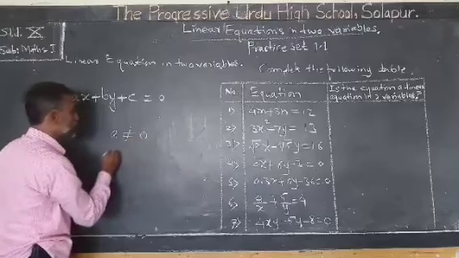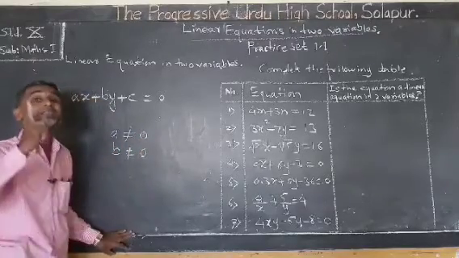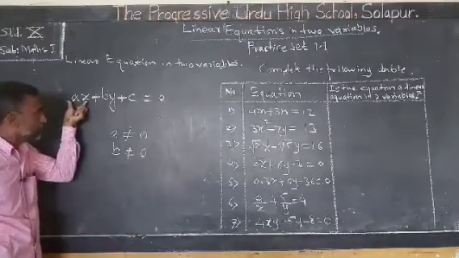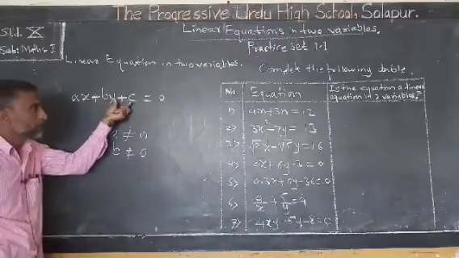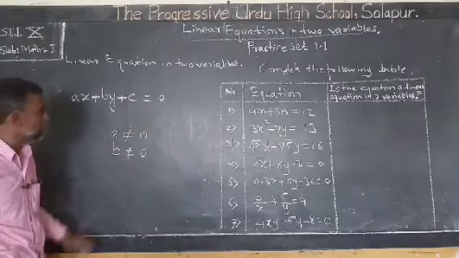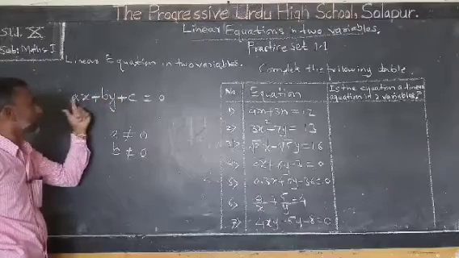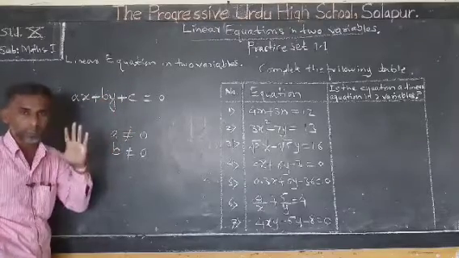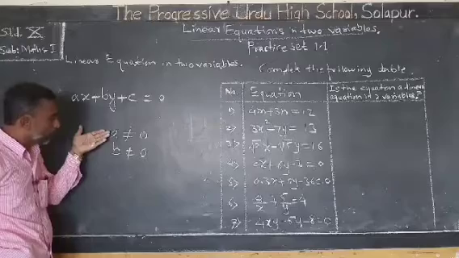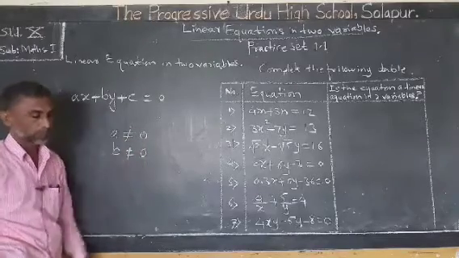A should not be equal to 0 and b should not be equal to 0. This is the condition. Ax plus by plus c is the general form where x and y are the two variables with degree 1 and a, b, c are real numbers such that the values of a and b should not be equal to 0.